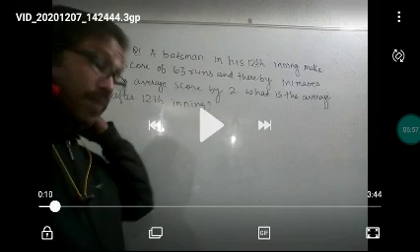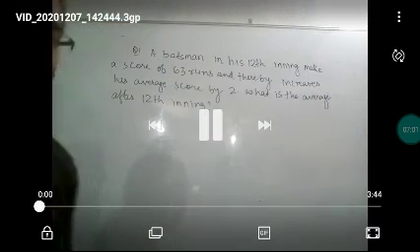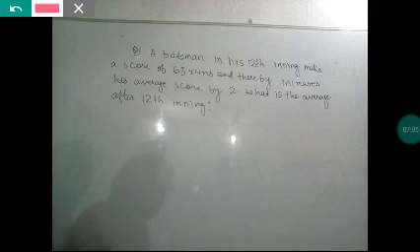The question is saying that a batsman in his 12th inning makes a score of 63 runs and thereby increases his average score. Average means mean. The average score increases by 2. Then what is the average after the 12th inning? We have to find this.